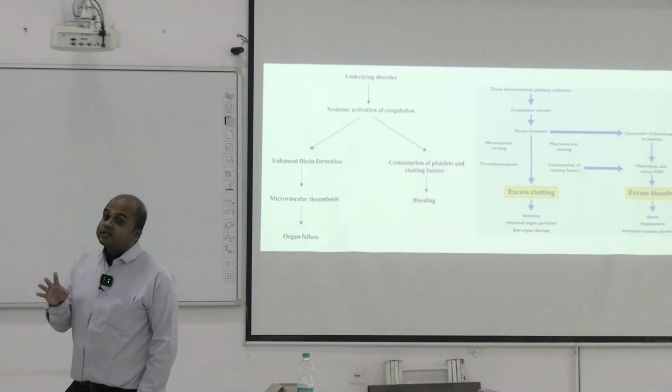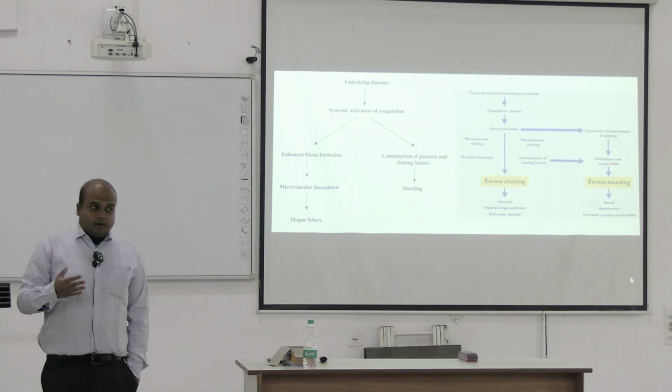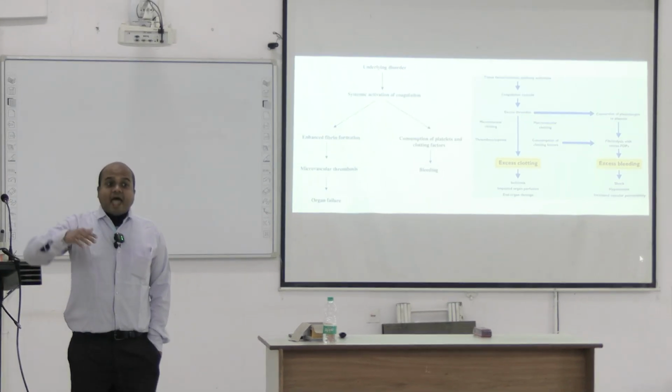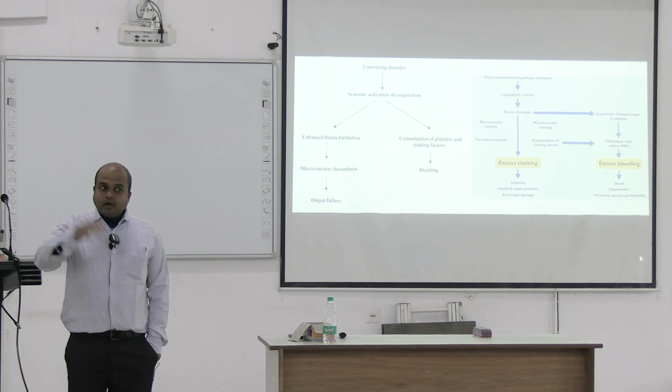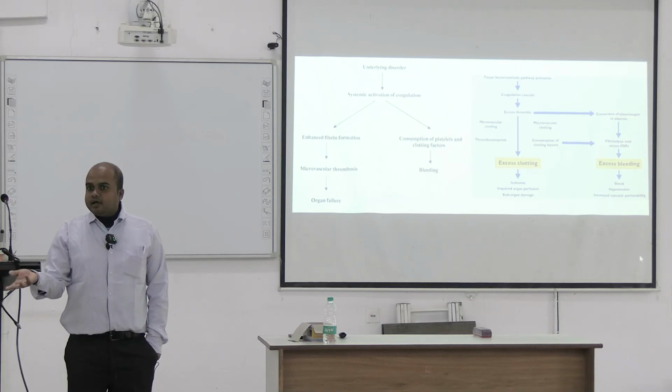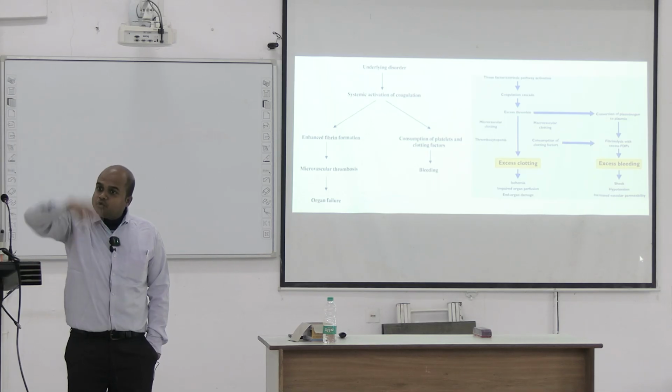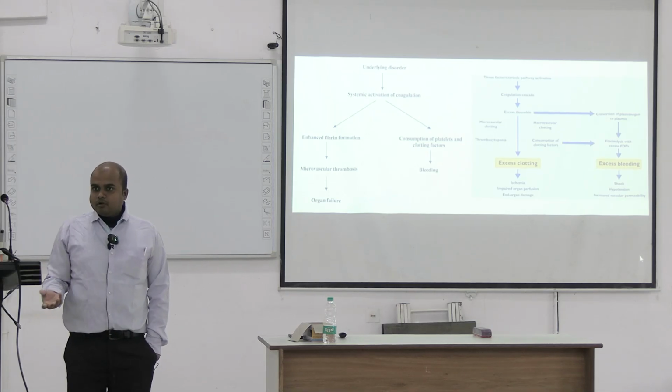Excess fibrin formation is firstly leading to a hypercoagulable state, but as platelets and clotting factors are getting more and more consumed and becoming deficient, later it leads to bleeding, because now when stoppage of bleeding is required, in someone with DIC, if an injury occurs, then bleeding does not stop easily, because clotting factors and platelets are getting consumed within the body itself. So this looks paradoxical, but this is the reason.